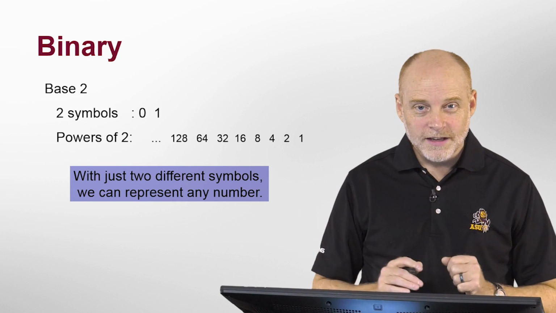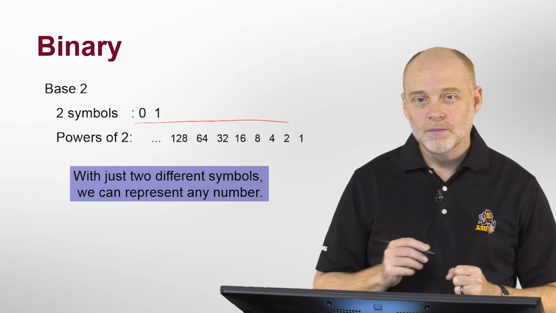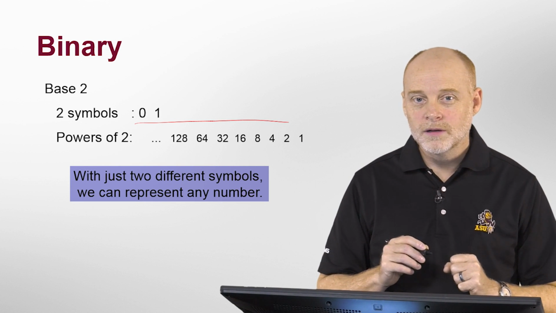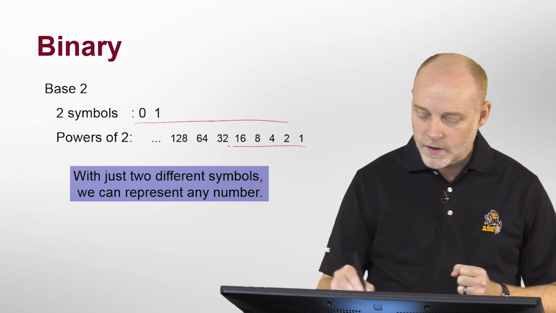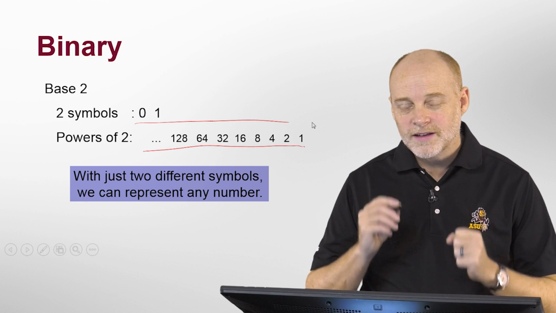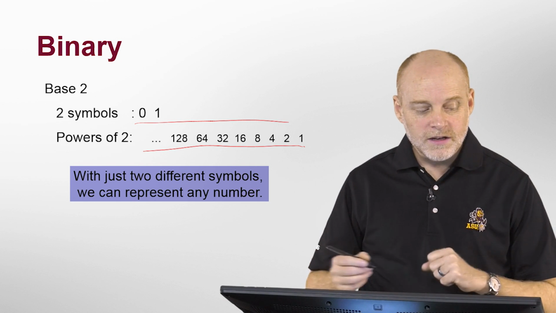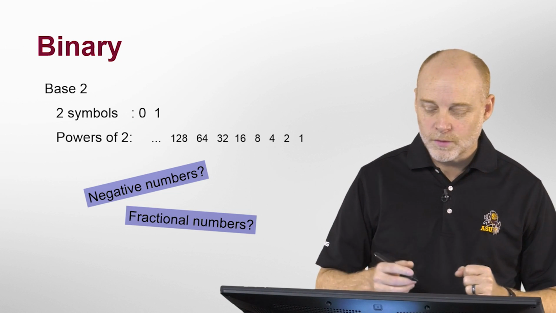And it's fascinating, just as with decimal, we can use 10 symbols, and with just 10 symbols, we can represent any number. Well, it turns out that in binary, with just 2 symbols, arranged in columns whose values are powers of 2, we can again represent any number, an infinite number of numbers. And we talked about this with decimal.